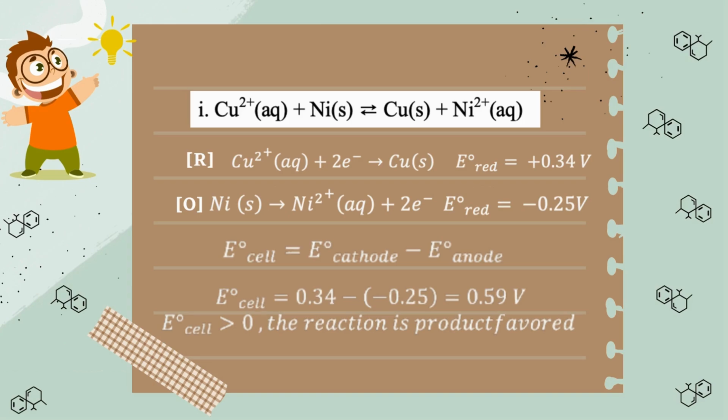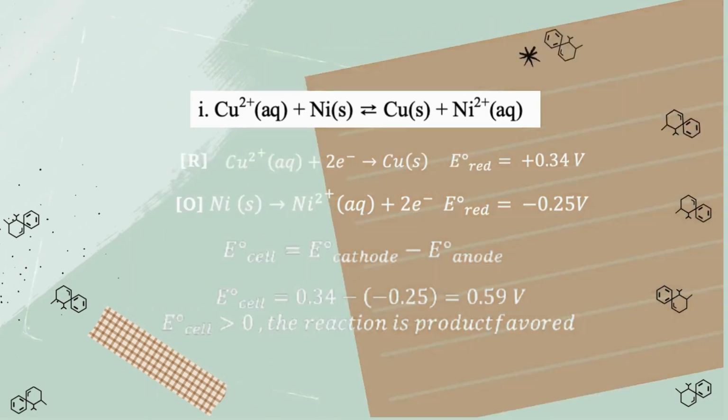Since E naught cell of 0.59 volt is positive, the reaction is product favorable. A positive E naught cell indicates that the reaction is spontaneous under standard conditions.